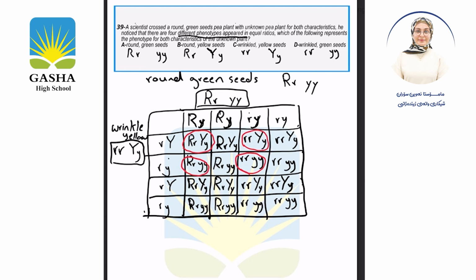We did all of them, and C will be the true answer. When we cross the wrinkled yellow seed with the round green seed, there are 4 different phenotypes, as I circled in red, so we can say this is a true answer.